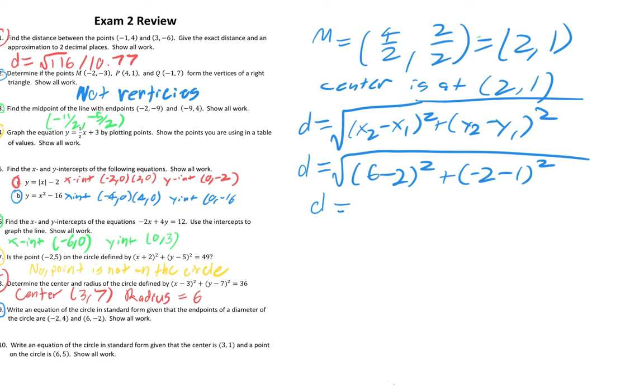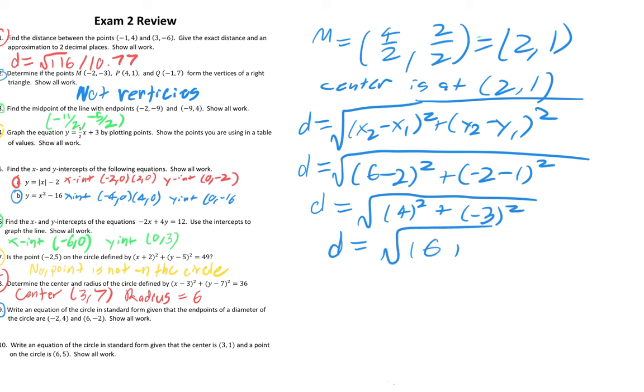So our distance is going to be the square root of 4 squared plus (-3) squared. So the distance is equal to the square root of 16 plus 9. So put that in our calculator, 16 plus 9, and we're going to get 5, right?